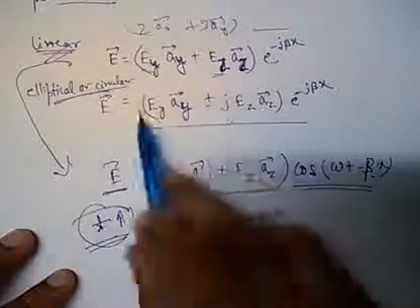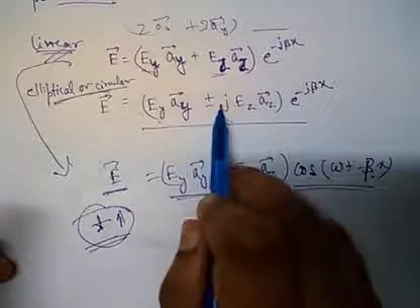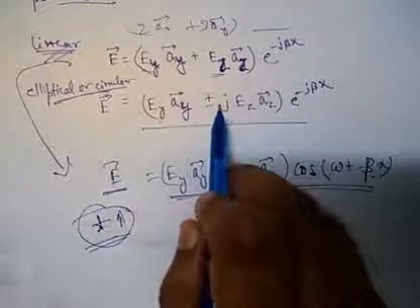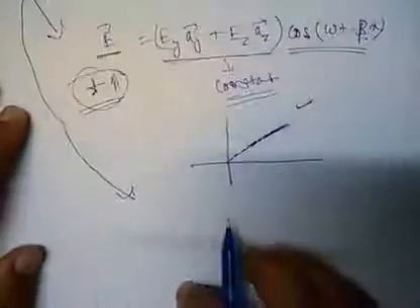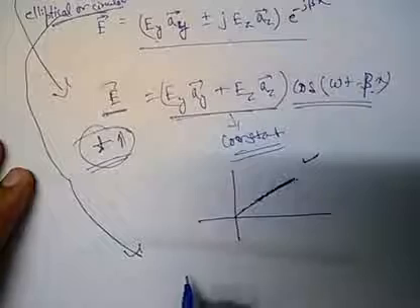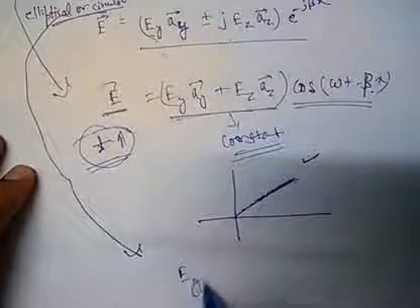But when there is a phase difference of 90 degrees, then the polarization will be either elliptical or circular.